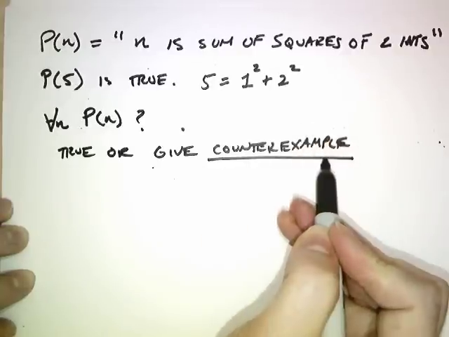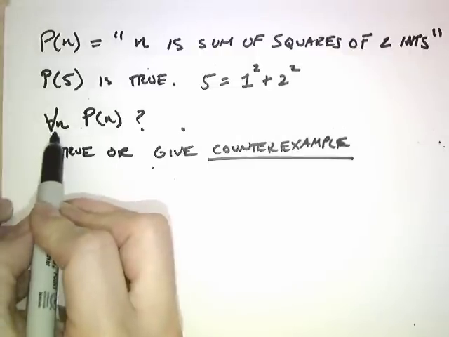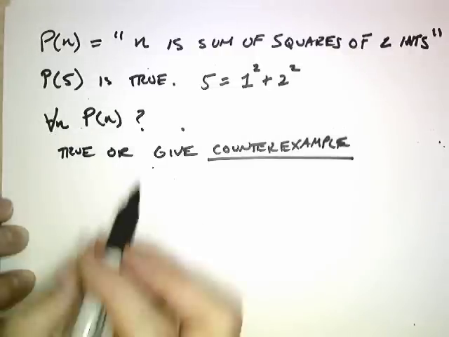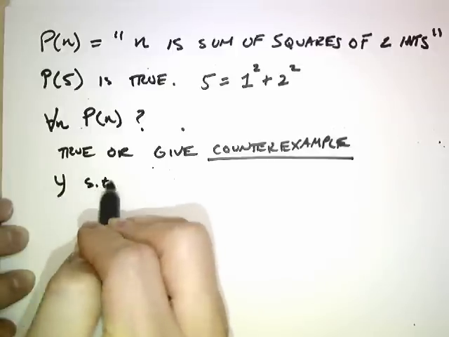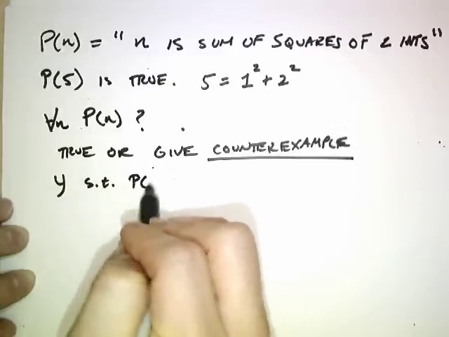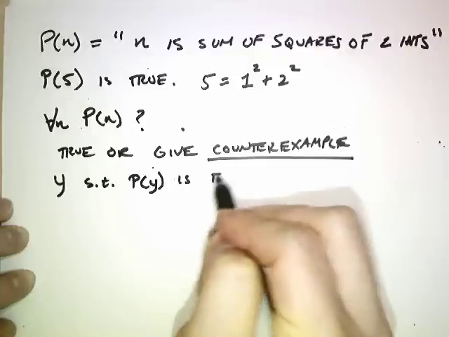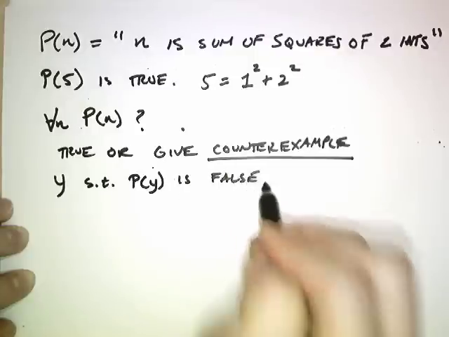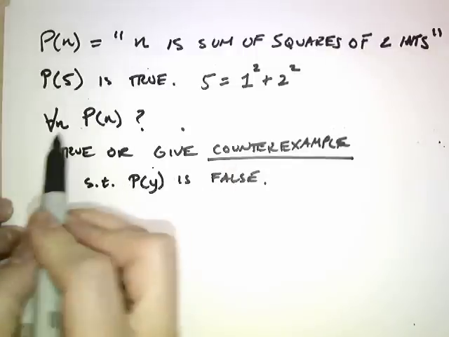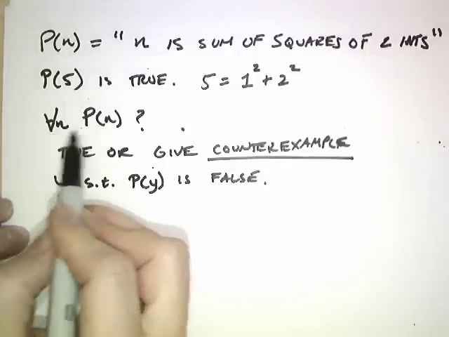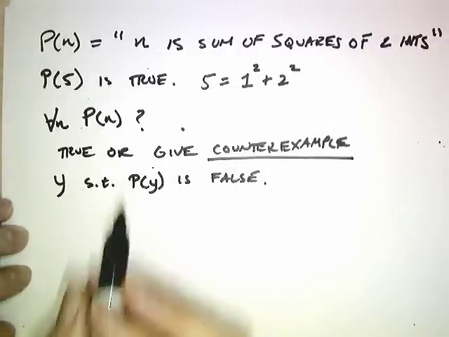A counterexample is something that demonstrates that for all n, P of n is false. So a counterexample would be a value y such that P of y is false. And if there exists a y such that P of y is false, then certainly it cannot be the case that for all n, P of n is true.